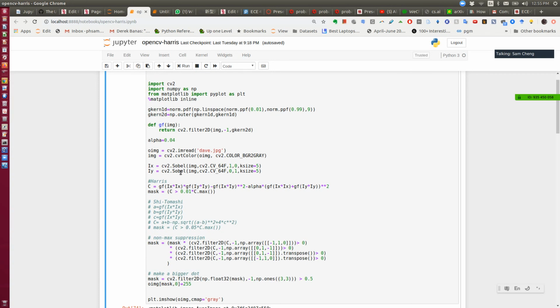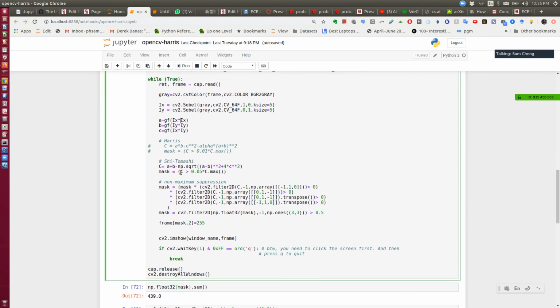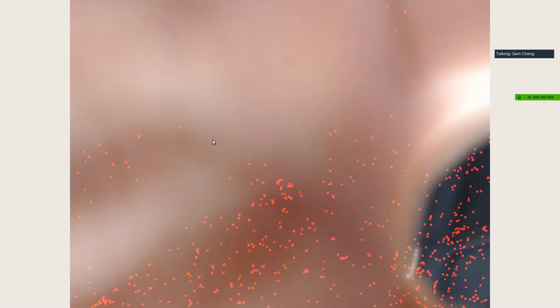Let me, maybe, I need to have a camera right now because my Zoom is occupying my webcam in the laptop. So let's see if I can run it here. You can see something like that, right? Okay.